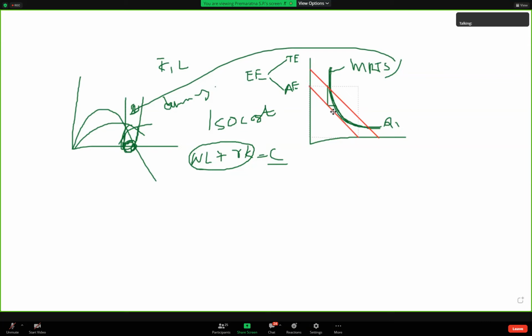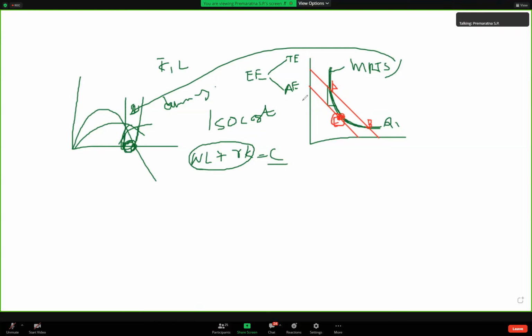There, we notice that the producers reach this optimal point. Point A and point B are technically efficient, but not allocatively efficient.